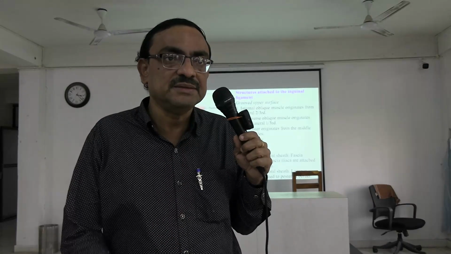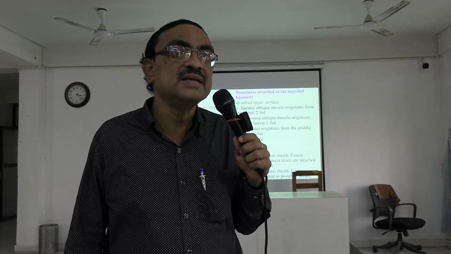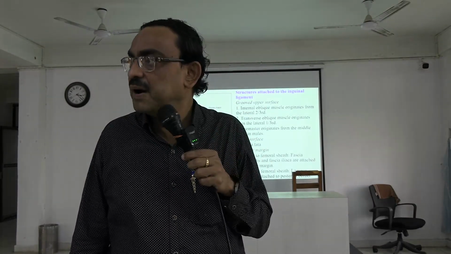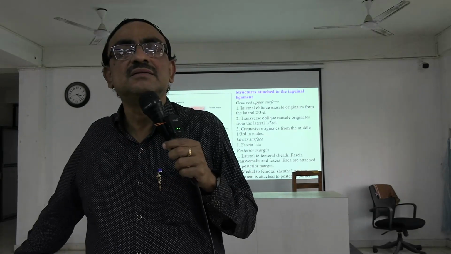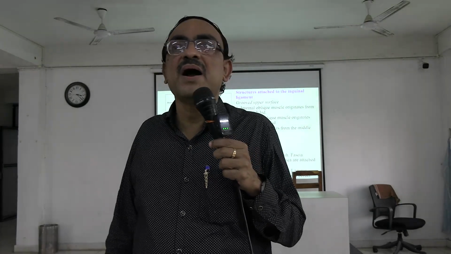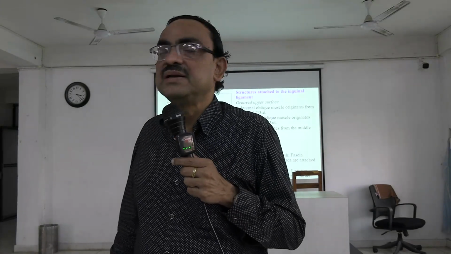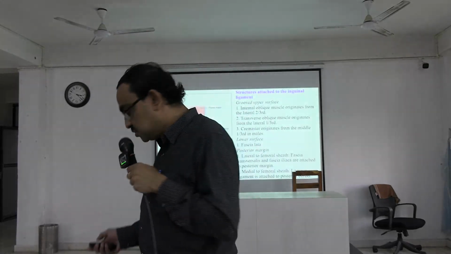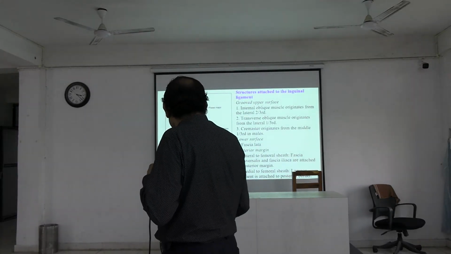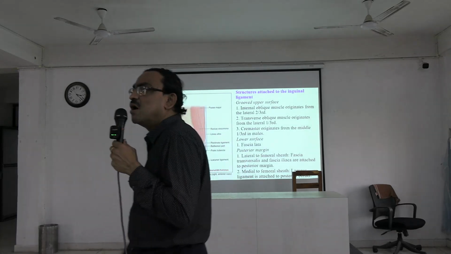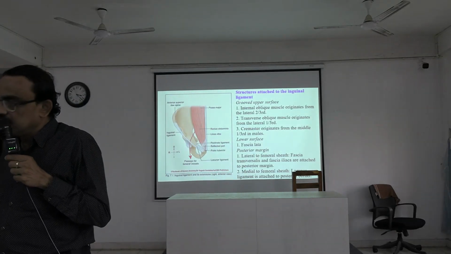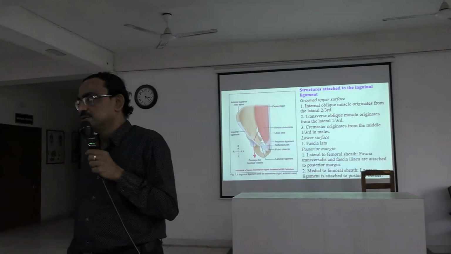The fibrous line, that is linea alba. So that reflected part of that ligament is called reflected part of the inguinal ligament. So these are all the derivatives of external oblique aponeurosis.